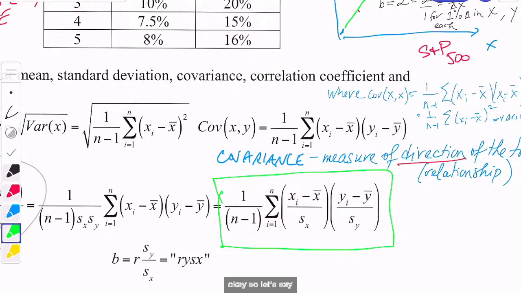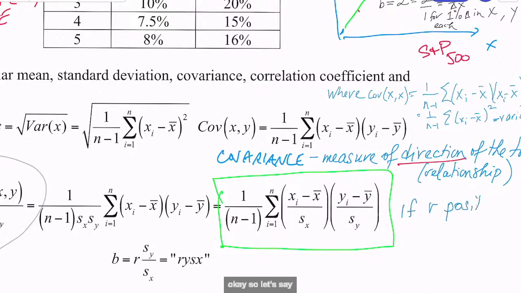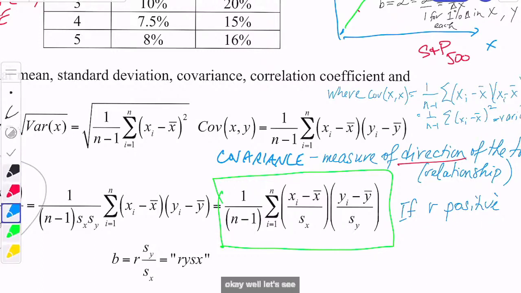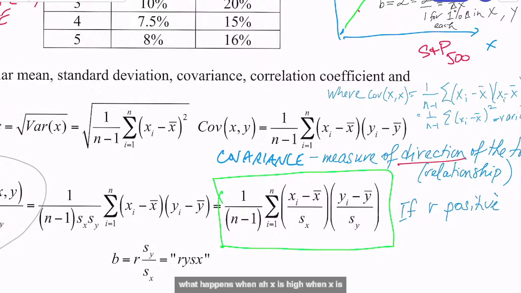So let's say, if R is positive, I already showed you when R is high, Y tends to be high. When R is low, Y tends to be low, and that results in a positive R. Okay, well, let's see. What happens when X is high?